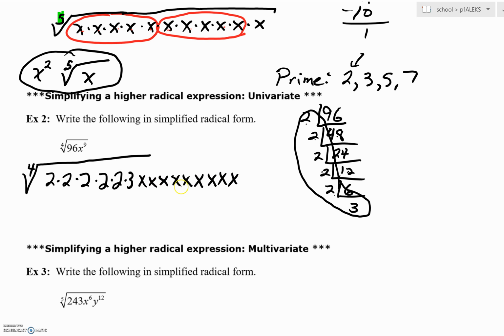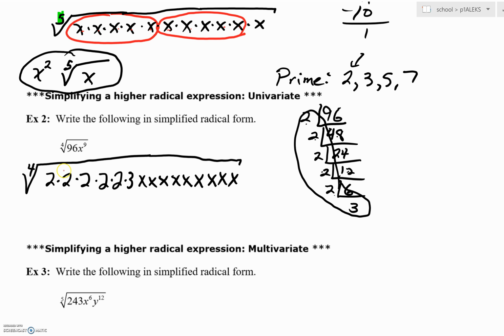Like you have a group of 3, and a group of 3. Now, that's what a lot of kids like to do, especially since it's how you would have learned to do it with square roots. It's just that now you're not looking for groups of 2, you're looking for groups of 4. And kids will say, well, how do you know you're looking for a group of 4? It's a fourth root, right?